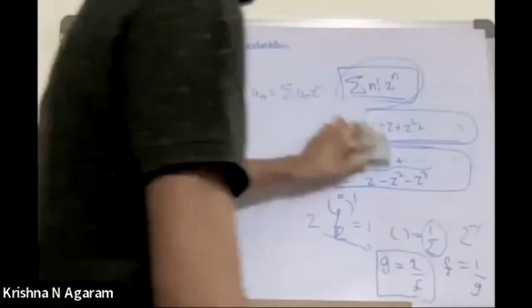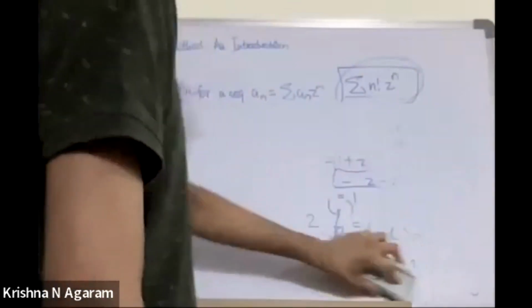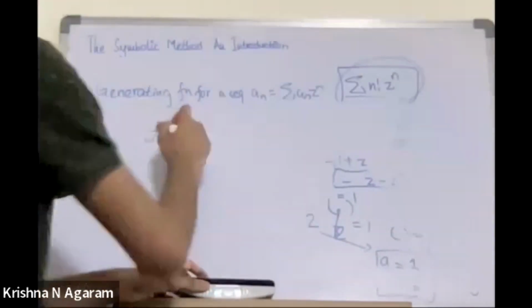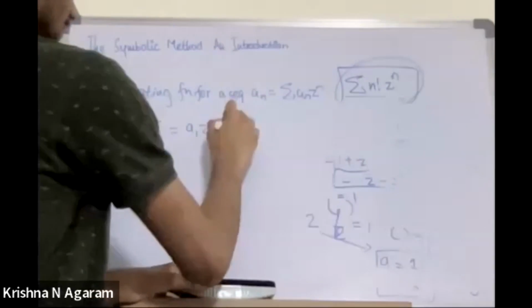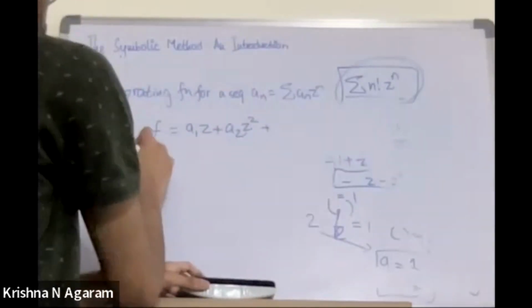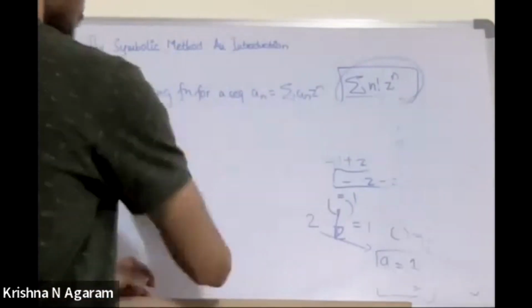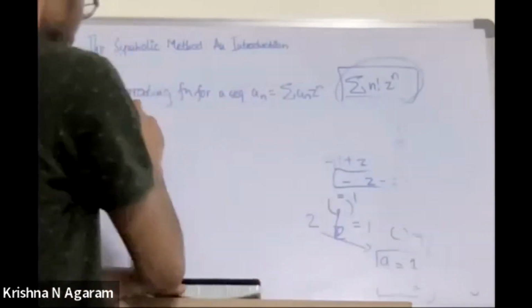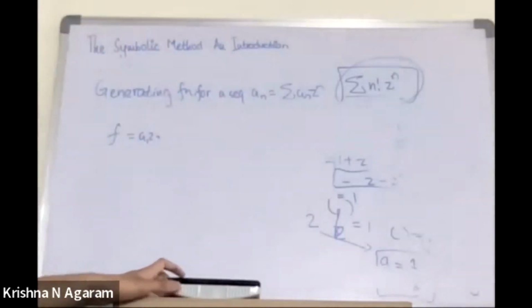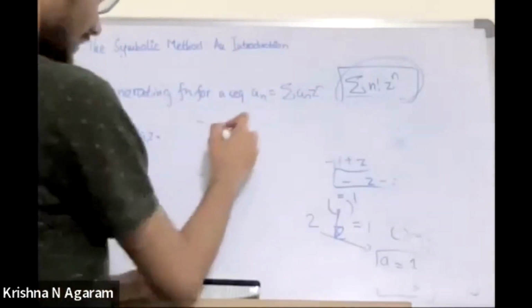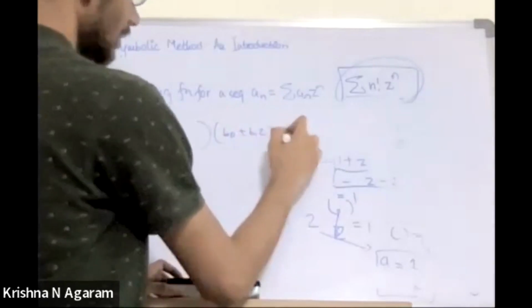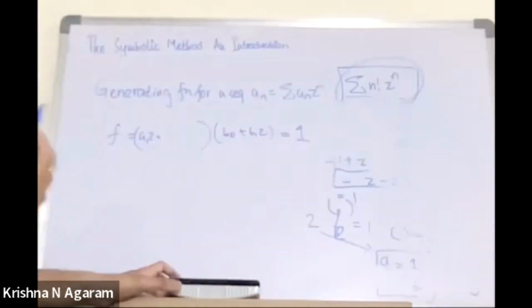So there's an interesting exercise that you can try later, which is to show that if f has its first term 0, which means if f is a1z plus a2z square, and a0 is 0, then... So is it clear that if f is of this form, a1z plus so on, as in the constant term is 0, then I can never multiply this by some g which is b0 plus b1z and so on to get 1?